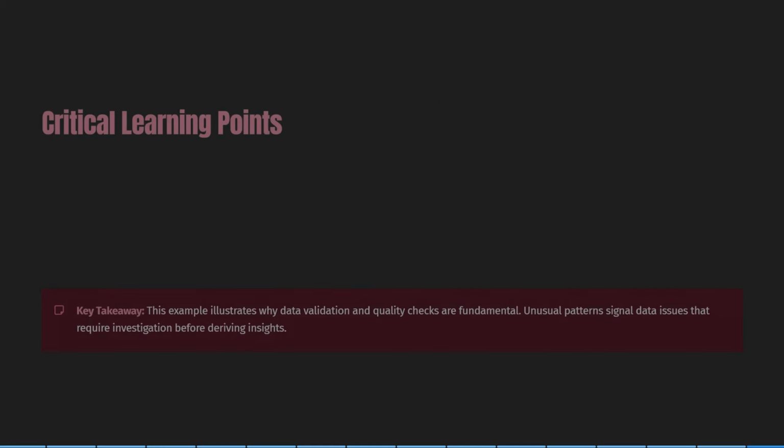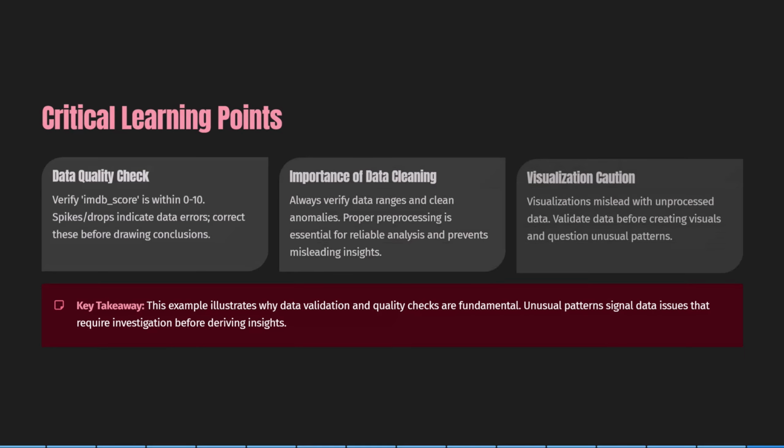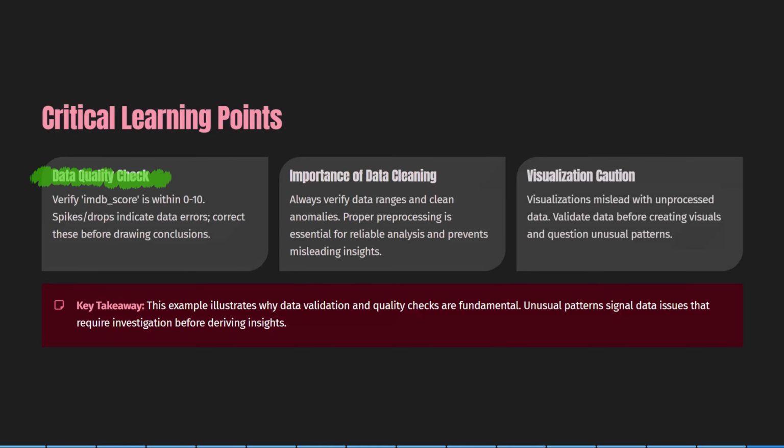Data quality check: when analyzing data, make sure the IMDb score values are in the expected range, 0 to 10. The strange spike and drop indicate a problem with data entry or processing. Here's the importance of data cleaning before drawing conclusions. Always verify the data ranges and clean any anomalies.